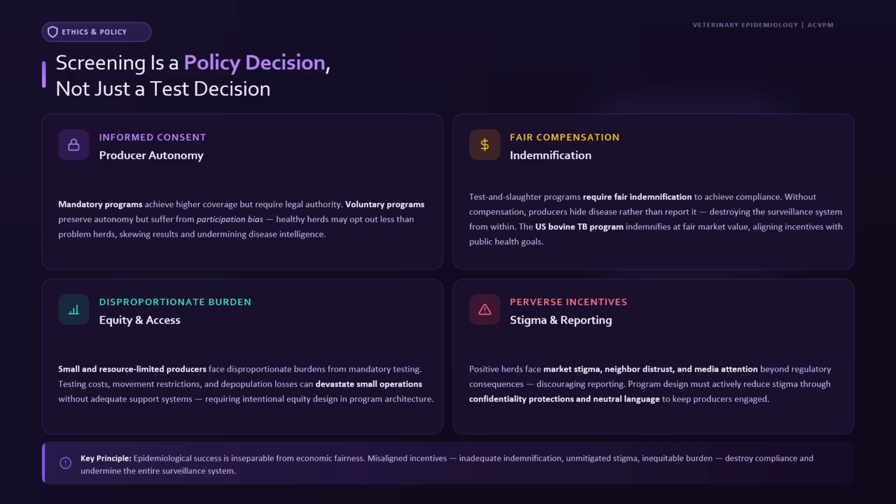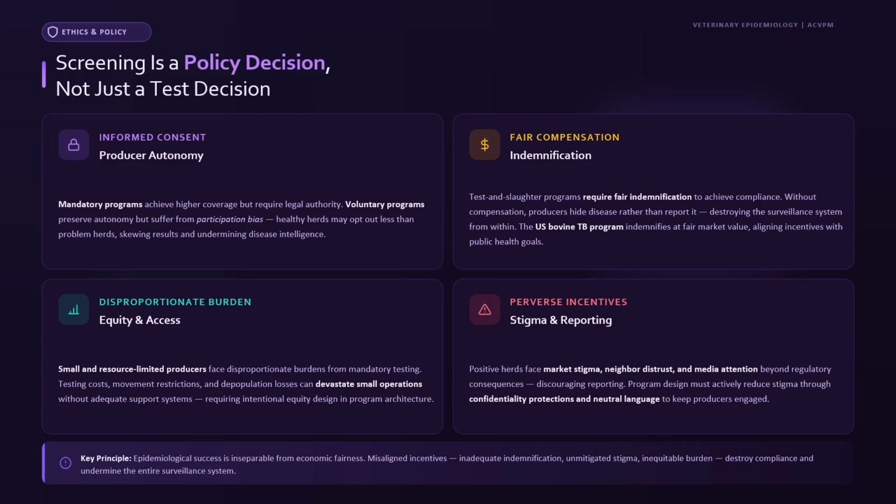The principle that ties it all together. Epidemiological success is inseparable from economic fairness. Inadequate compensation, unmanaged stigma, and inequitable burden, any one of them quietly destroys compliance. And without compliance, the whole surveillance system falls apart.